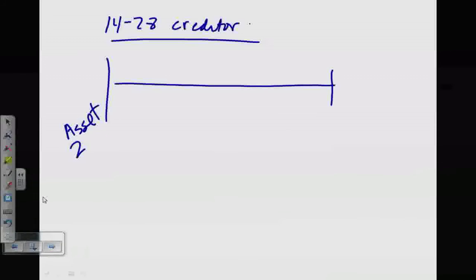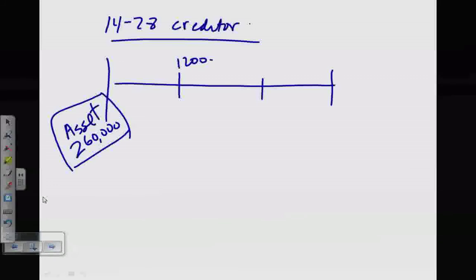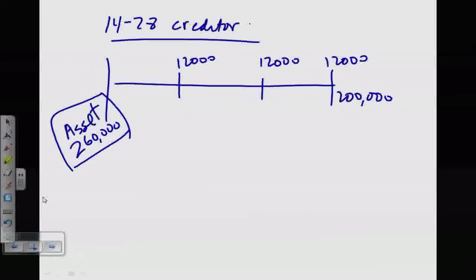That's what was currently on the books. And what we're going to receive is 12,000, 12,000, 12,000, and then 200,000. So we're in a loss situation because the future cash flows are less than the carrying value of the debt.